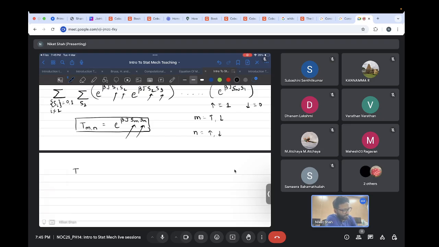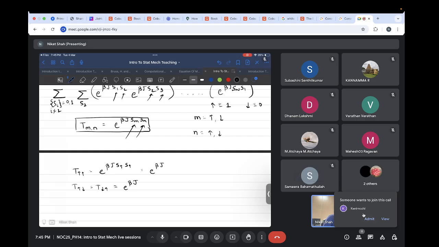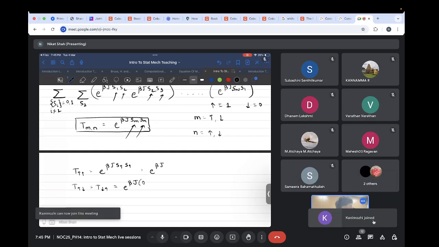Okay, so T_up,up is equal to e raised to power beta J S_up S_up, which is what? Both are 1, which means this is e raised to power beta J. T_up,down is equal to T_down,up is equal to e raised to power beta J times 1 times 0, which is 0, so this is just 1.